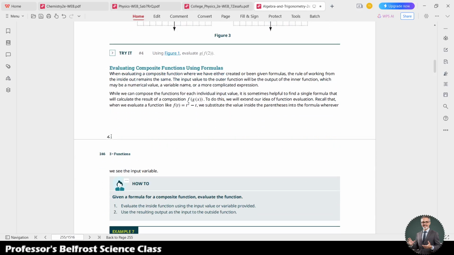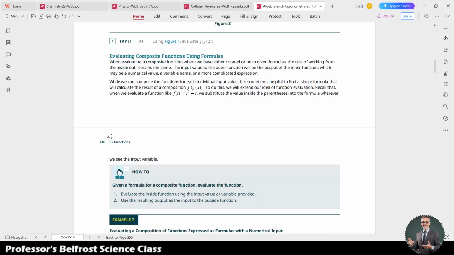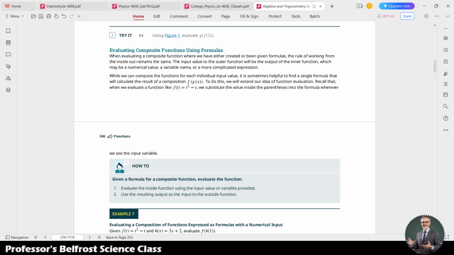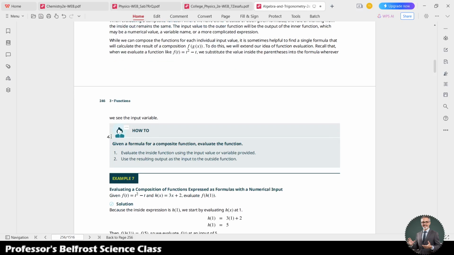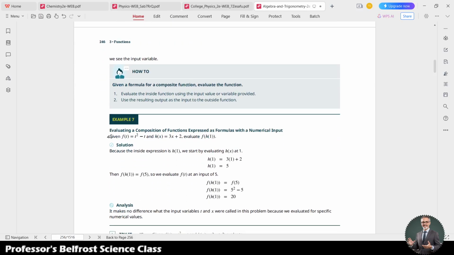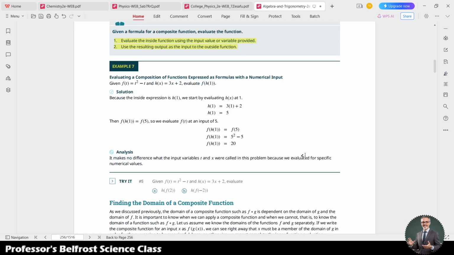Now, evaluating composite functions using formulas. When we evaluate a composite function where we have either created or been given a formula, the rule of working from the inside out remains the same. And these are the steps that you need to follow. Given f(t) equals t squared minus t, and h(x) equals 3x plus 2, evaluate f(h(1)).